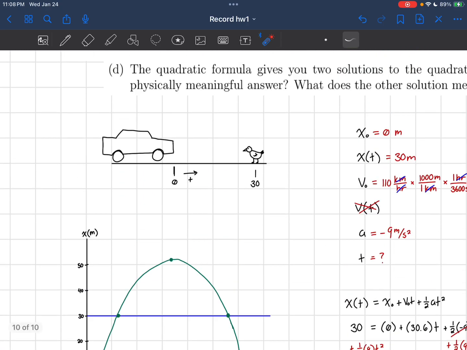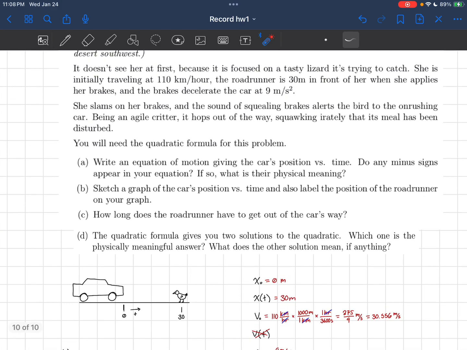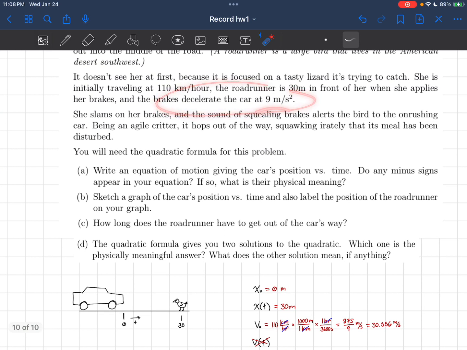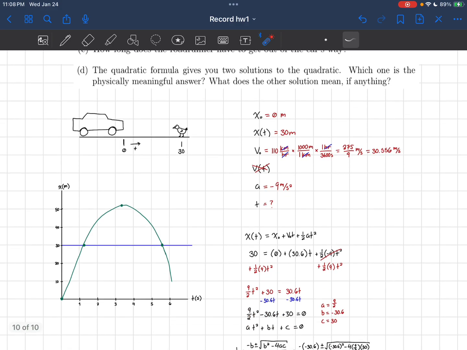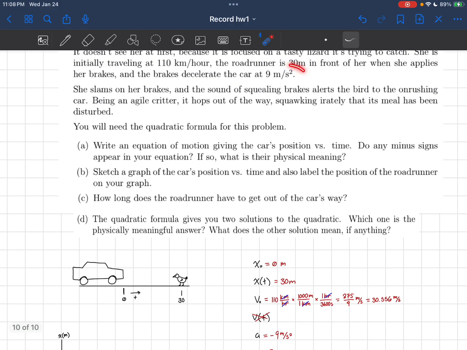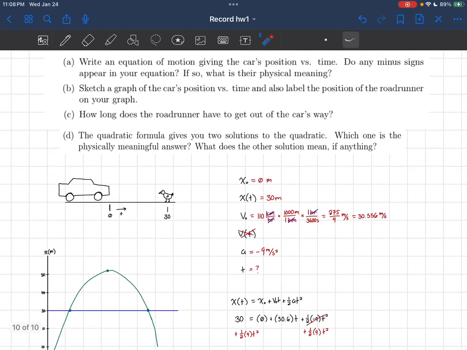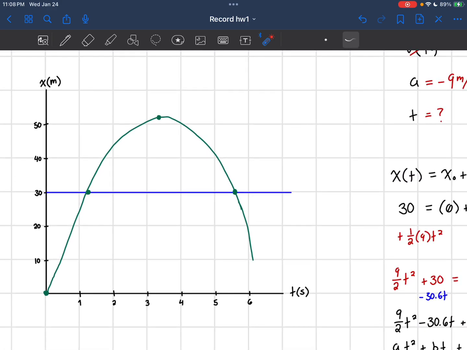So, in our physical problem, the car is decelerating, but it's only going to decelerate until it stops. The car is not going to continue with its negative acceleration after it's stopped, right? So once it stops, right, because here's where my tangent line is 0. After it stops, the car isn't going to start going backwards. It's not going to reverse back over the Roadrunner.